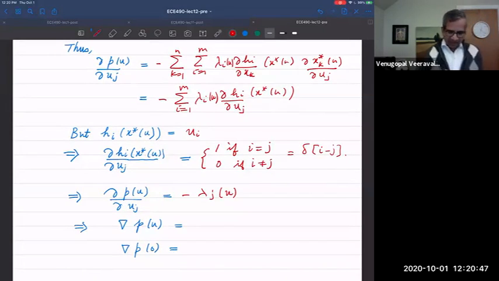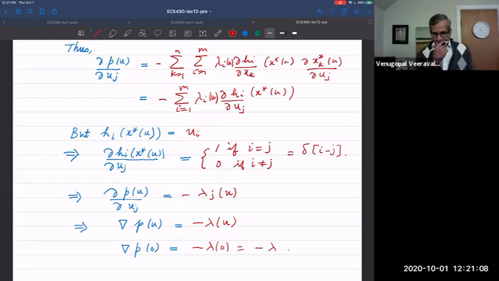So the gradient has all these components, so the gradient is just the lambda vector at u. And so the gradient of p at 0 is minus lambda of 0, which is the unperturbed solution, which is minus lambda. Which is what we wanted to show.